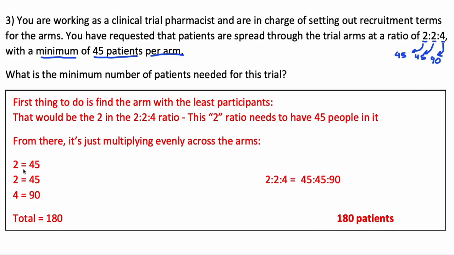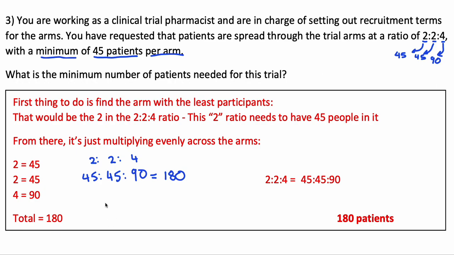So you would want to do 45 patients to 45 patients to 90. That's our 2 to 2 to 4 ratio. And that effectively causes the final number to be 180.